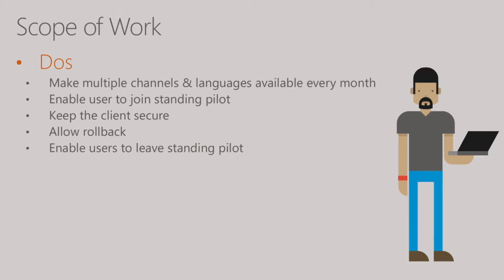As always, I have to make sure that my clients are in a secure state, so deploy security updates every month. I must allow a rollback. So if somebody is testing the latest first release deferred channel and an issue crops up, I want to roll them back at least one release to identify, is this related to the Office release or is this related to the line of business application? And then, of course, enable users to leave the standing pilot, going back to my production build.